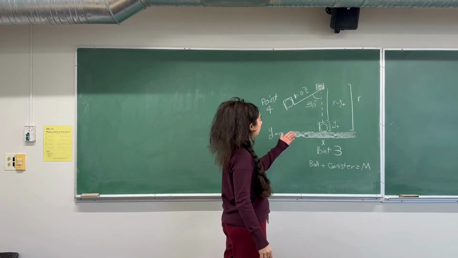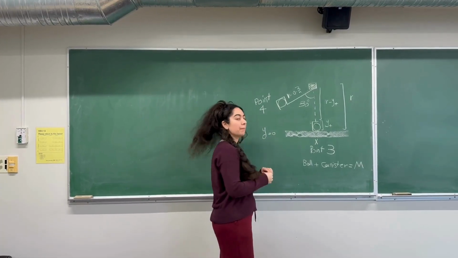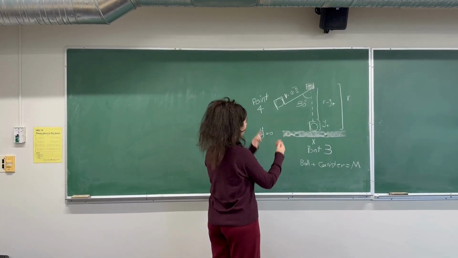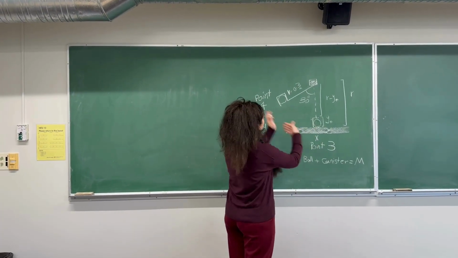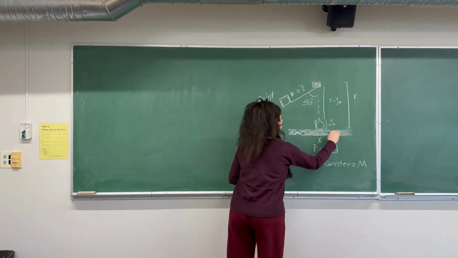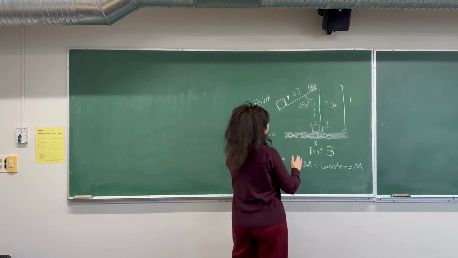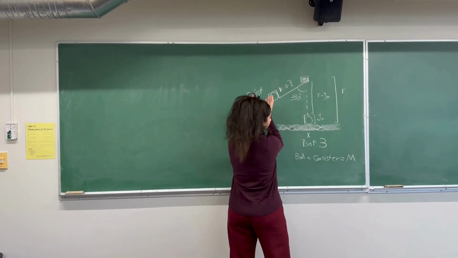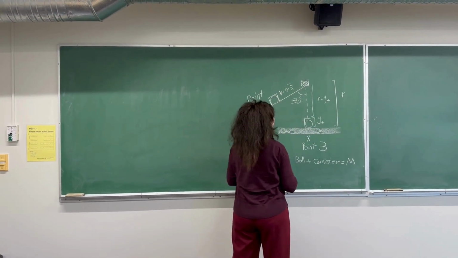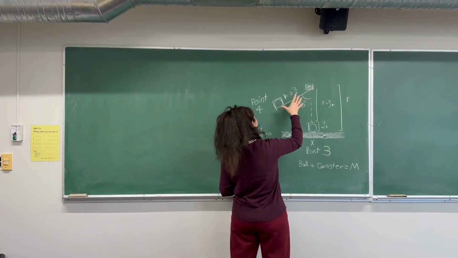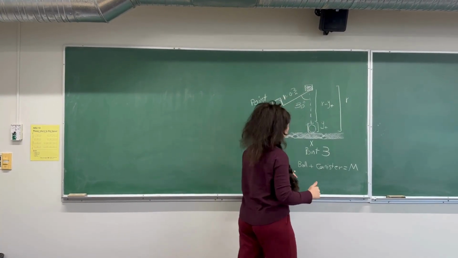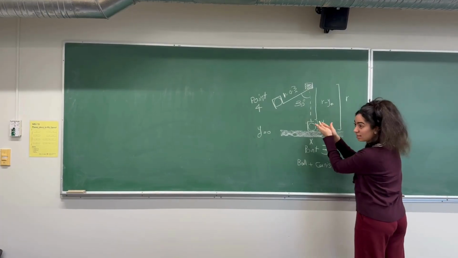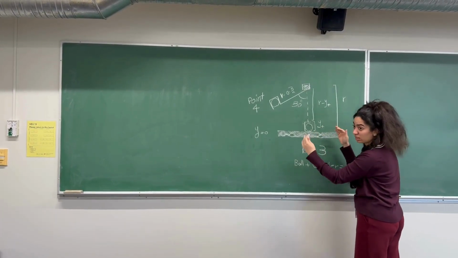Alright, I'm going to explain how to find the maximum velocity for the pendulum. Our canister and ball act as a pendulum in this part. We consider this one our y0, and this one is the maximum height of the pendulum, and it can go back and forth with an angle of 30 degrees. Our length of the pendulum is 0.3 meter, but when it comes back to this point, which is point 3, it has maximum velocity.